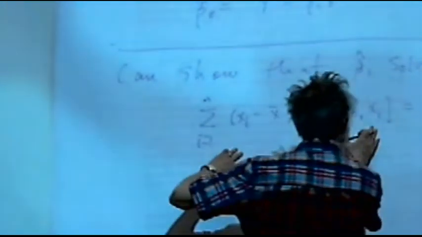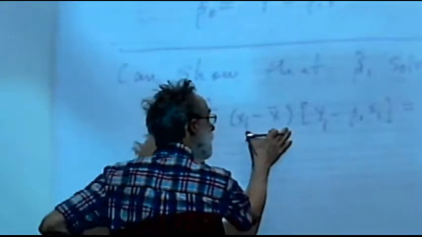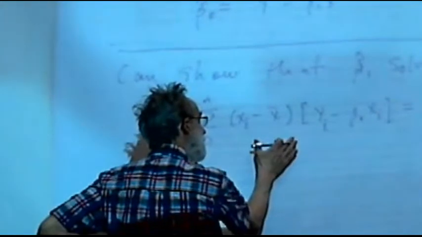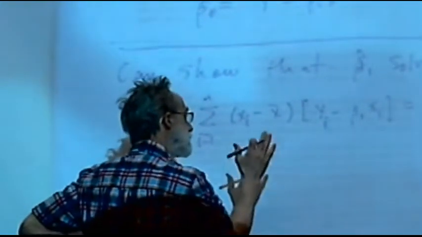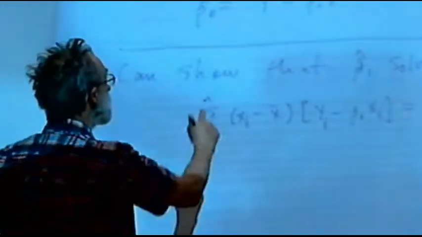You just break this into two pieces. And divide by this, and break it into two pieces, and then solve for beta 1, and you'll come out with that thing on the top.